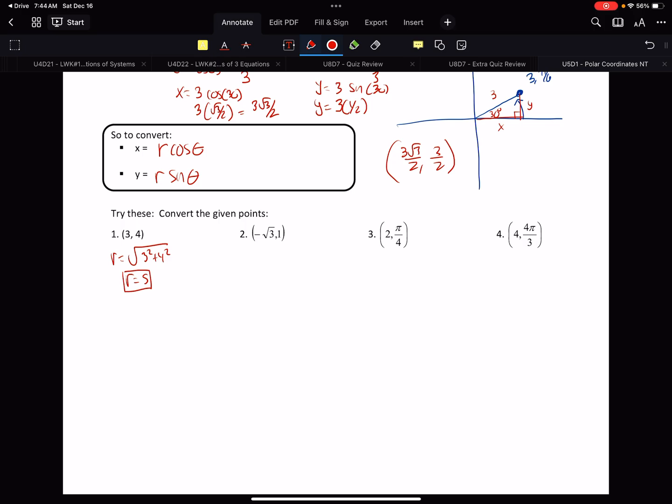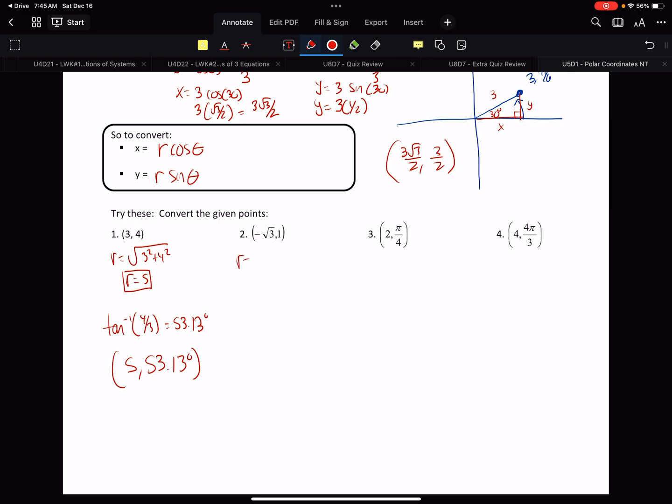I need my angle, so I can do the inverse tan of y over x. If I do inverse tan of 4 divided by 3, I get 53.13 degrees. So my polar point is (5, 53.13 degrees). I am 5 units away from the center, and I rotated 53.13 degrees away.